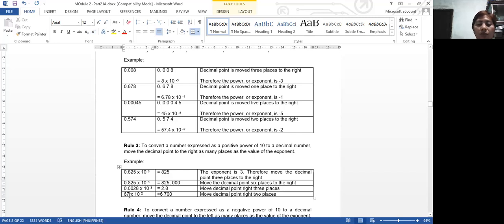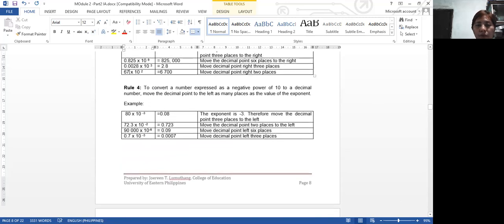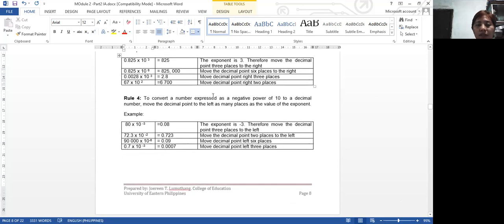Let's put 2 zeros since the 10 is raised to the second power, or 10 squared. So 1, 2. That's why it's 6,700.